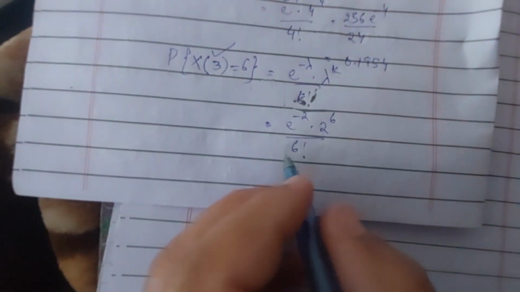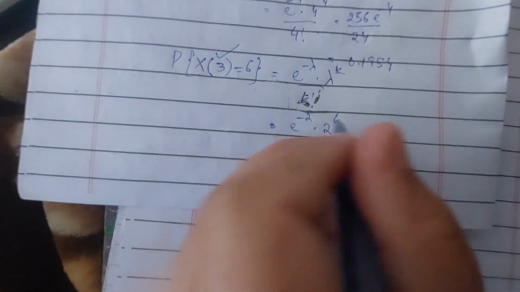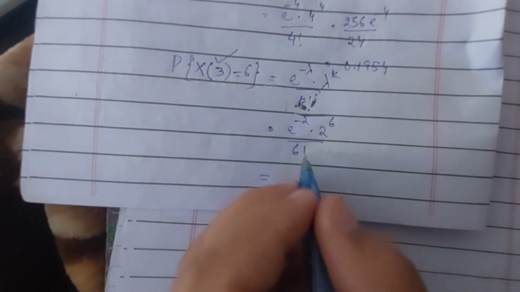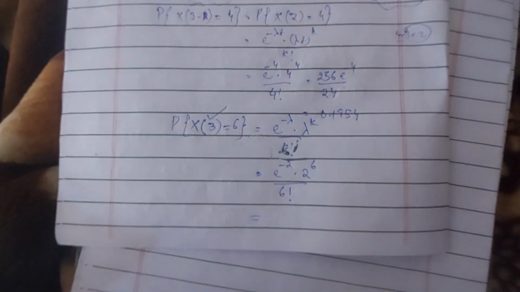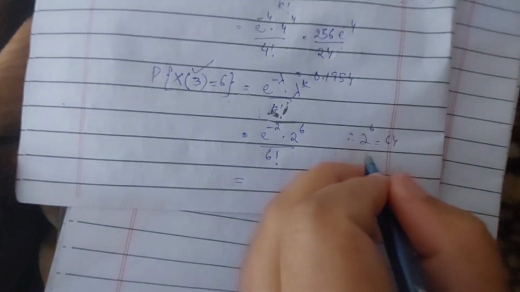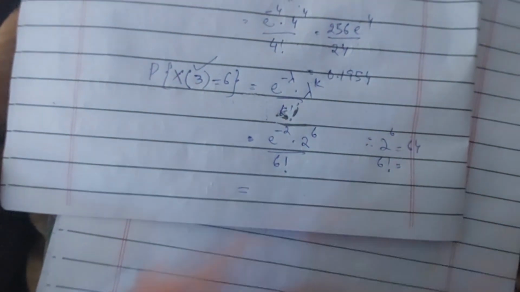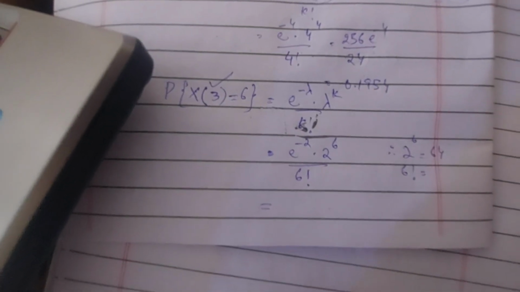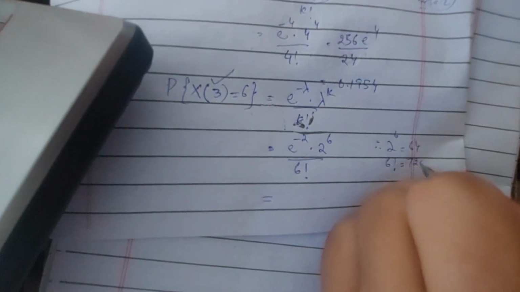Let's find a numerical value for this. 2 raised to power 6 is equal to 64, and 6 factorial is equal to 720.